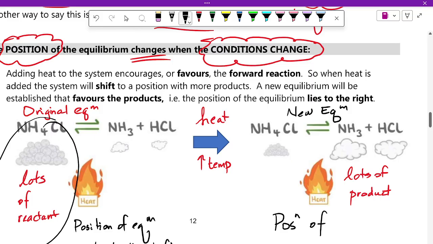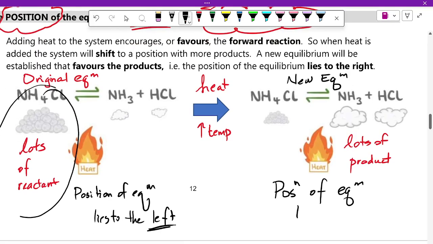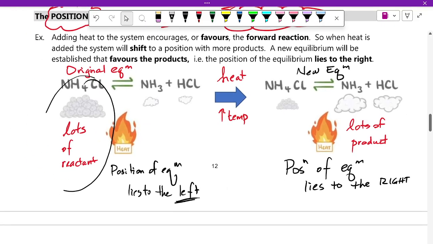The position of the equilibrium lies to the right. And that's going to depend on whether the forward reaction is endothermic or exothermic, and we'll figure out how to determine that, okay?